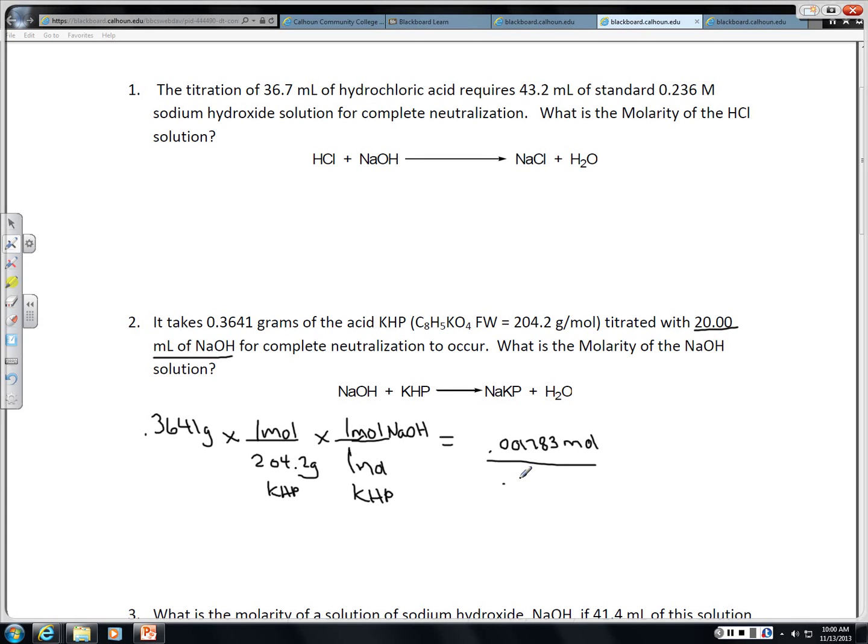We get 0.0200 liters. So the molarity of the base is 0.08915 molarity.